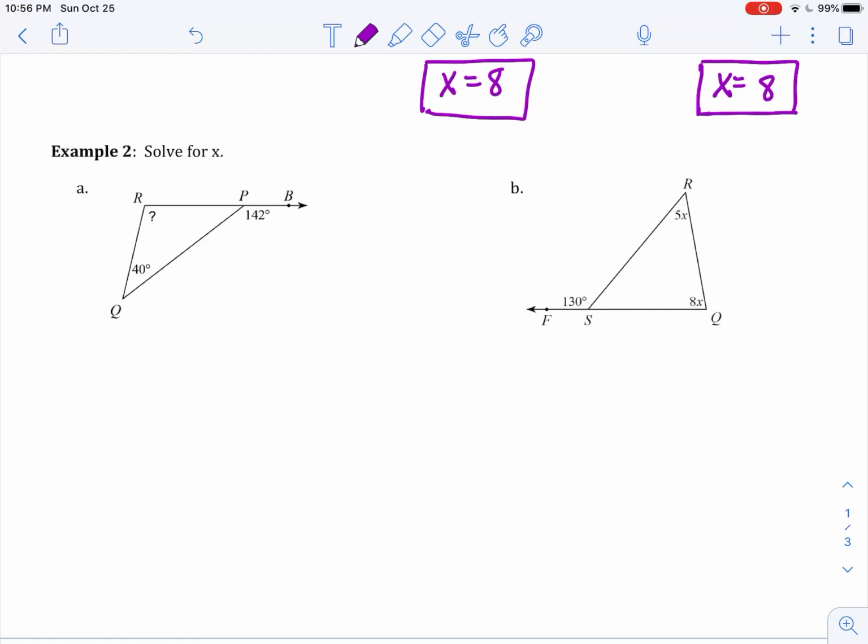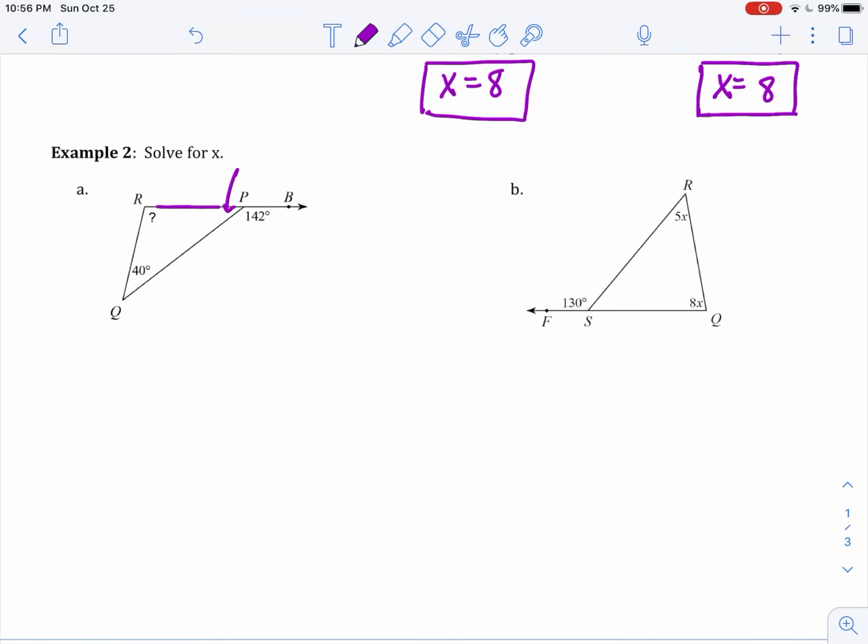And what you should notice is that you could figure out this missing angle inside the triangle because 142 and that missing angle make a linear pair. So if you just focused on these purple lines that I'm drawing right here, that's a linear pair happening.